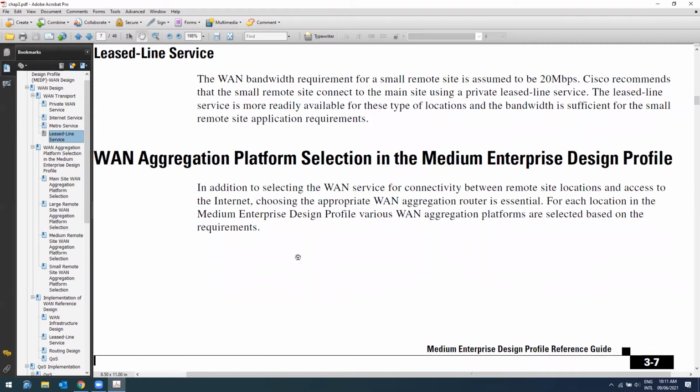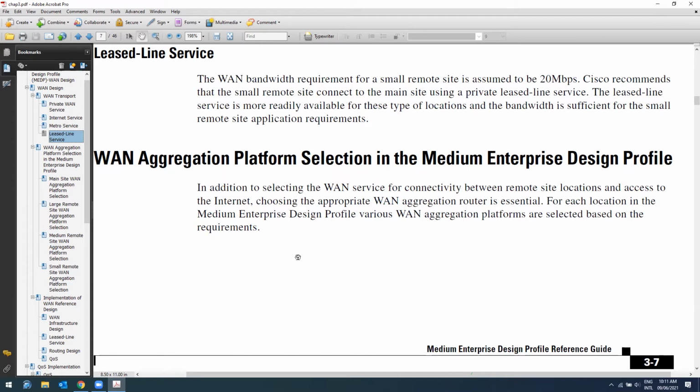The WAN bandwidth requirement for a small remote site is assumed to be 20 Mbps. Cisco recommends that the small remote site connect to the main site using a private leased line service. The leased line services are more reliable, available to these types of locations, and the bandwidth is sufficient for the small remote site application requirements.